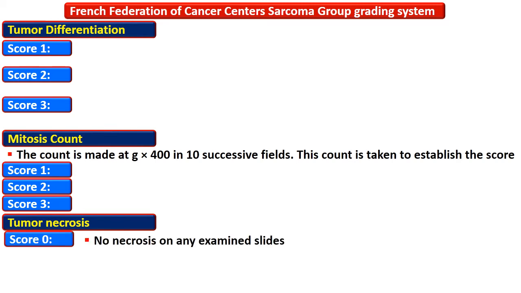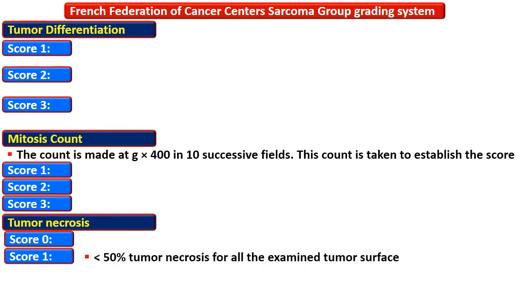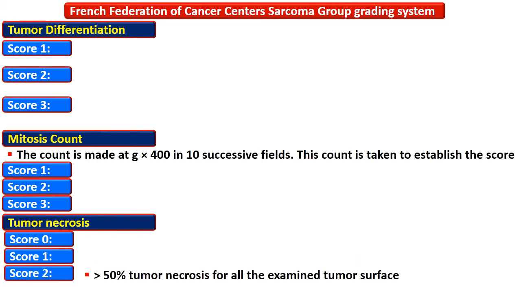When there is no necrosis in any examined slide, tumor necrosis is given 0 score, and if less than 50% necrosis is present in the examined tumor surface, it is scored as 1, and if it is present in more than 50% of the examined tumor surface, it is scored as 2.